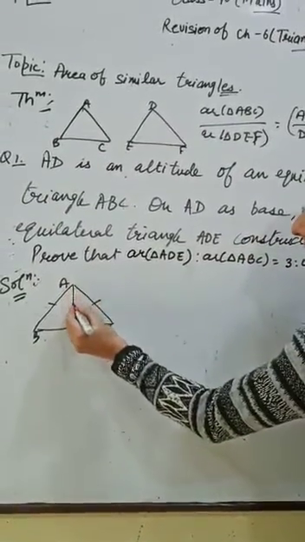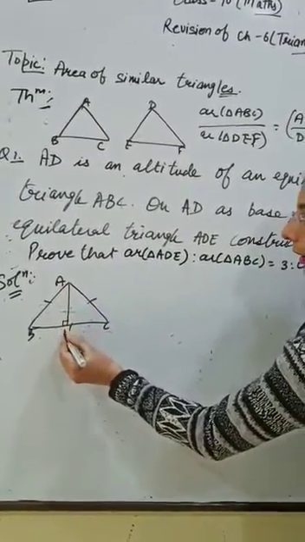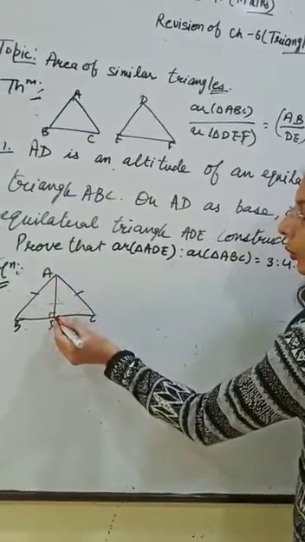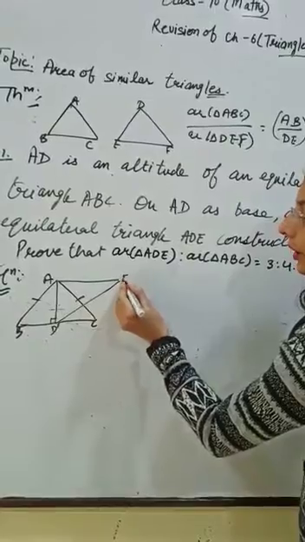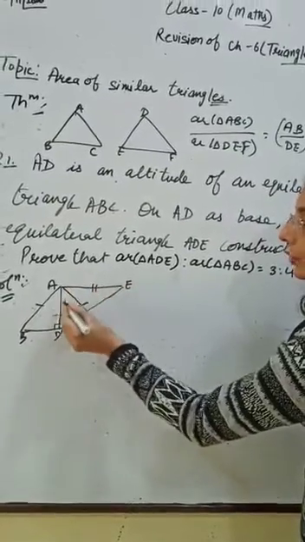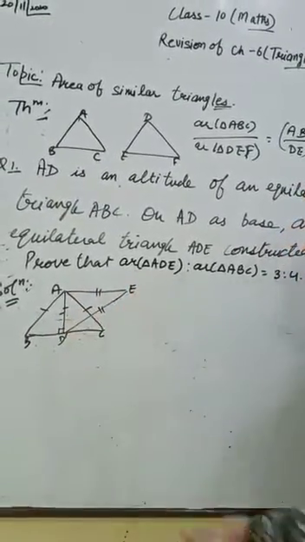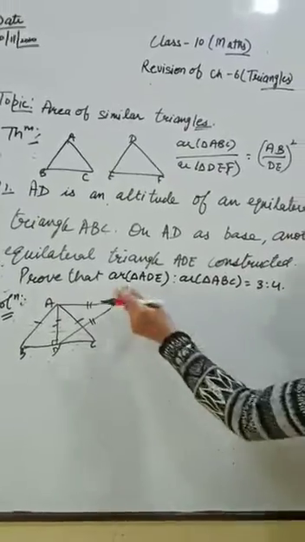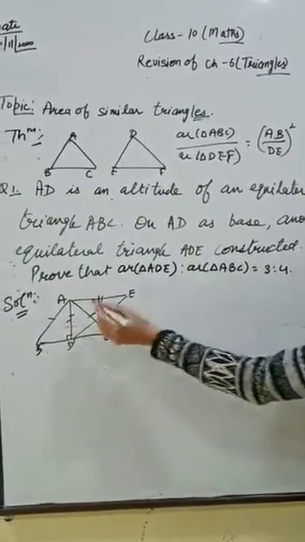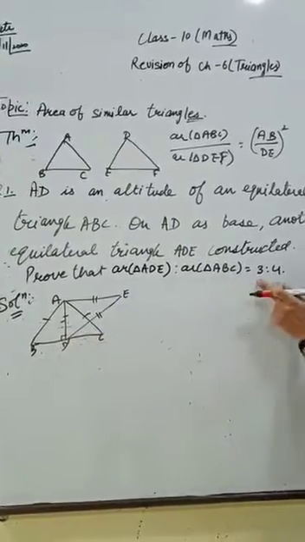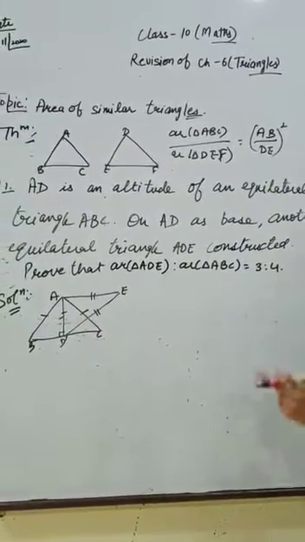Prove that the ratio of the area of triangle ADE to triangle ABC, the original triangle, is equal to 3:4. This we want to prove.